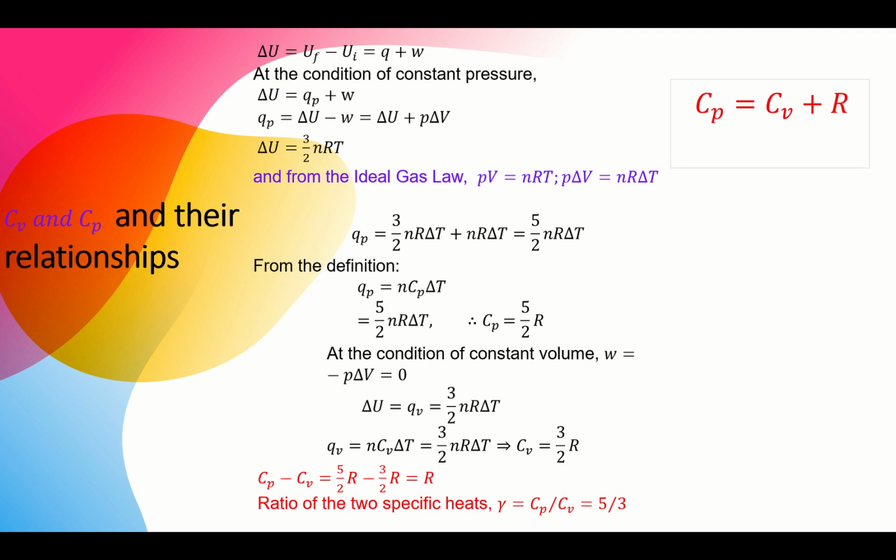Of course, we like to make a relation between the two C's, CV and CP, and the relation is as such. We take it from the ideal gas law and we incorporate that into our main equation, which is the first law of thermodynamics.